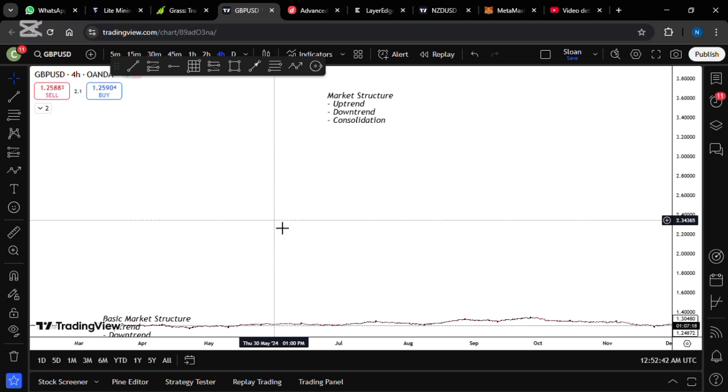All right, so before we proceed, we might want to ask, what is market structure? What can one say is market structure? Market structure basically is the anatomy of the market, the basic framework of the market. That is the backbone, the blueprint of the market, what propels it into certain directions.